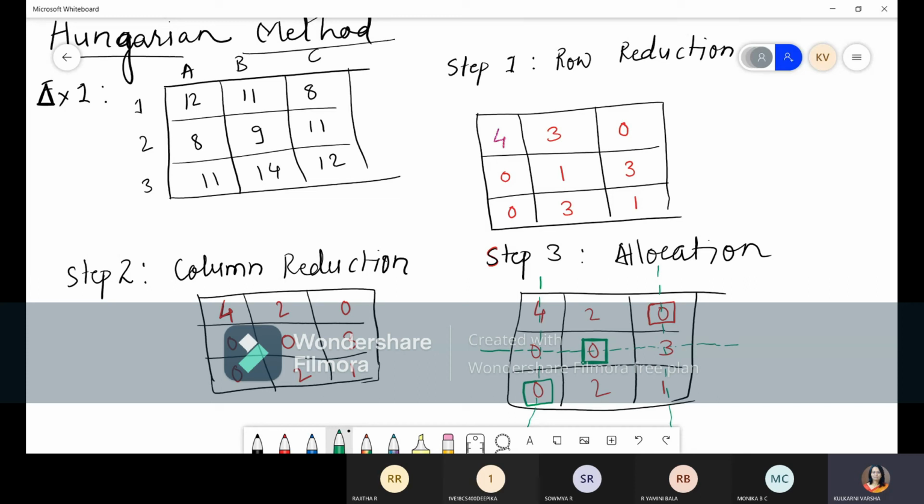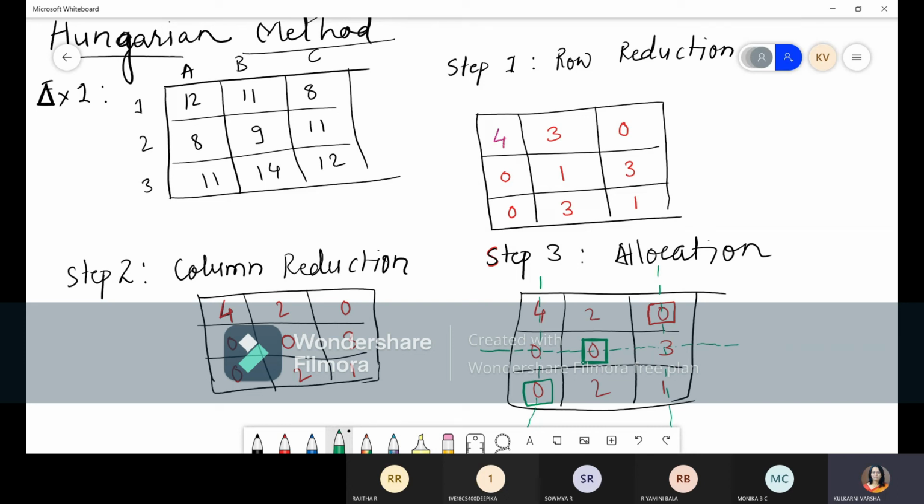Okay, now once you are done with this, you have to find out whether the number of allocations is equal to the order of the matrix. We have assigned the zeros and we would continue the procedure, but now we cannot continue, because this column is already cancelled.